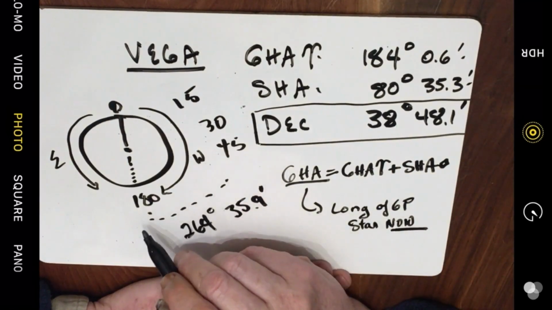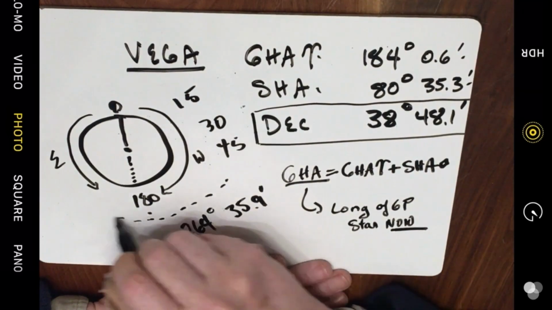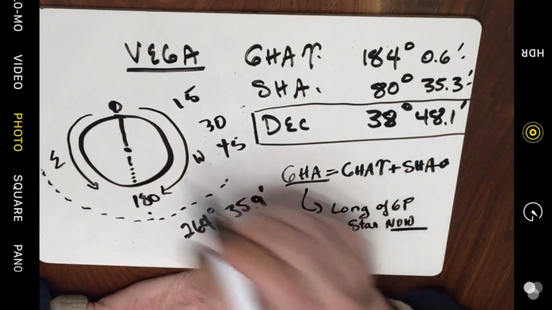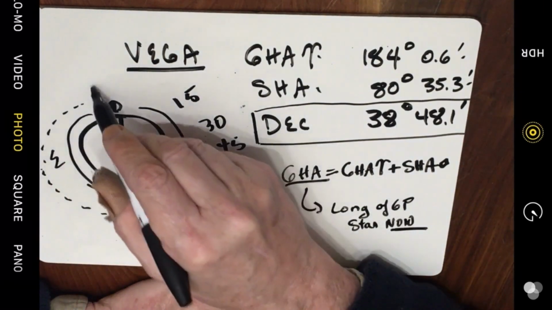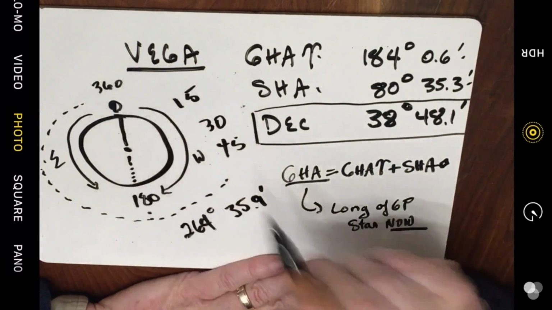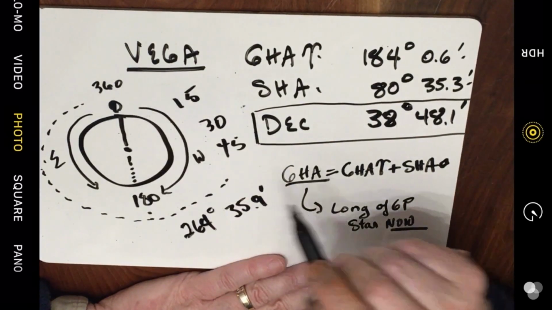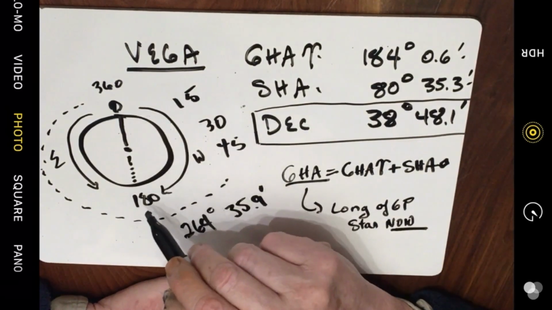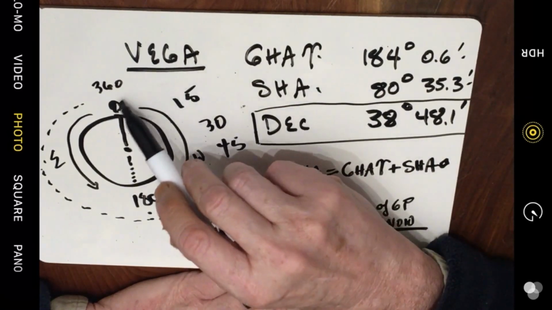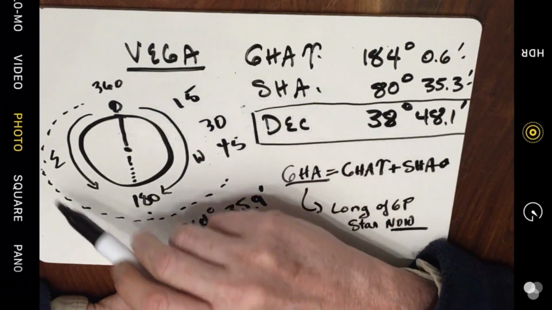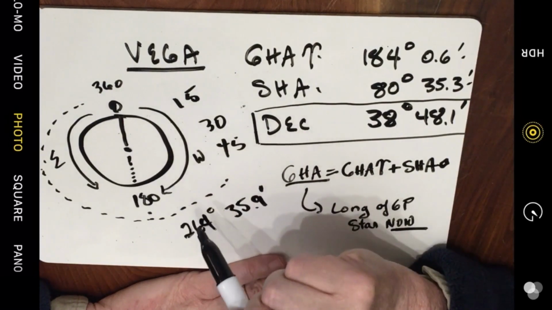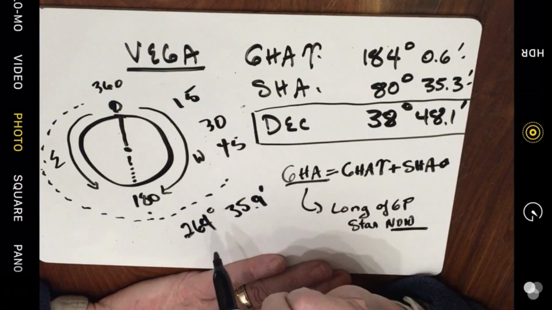Then you continue to work your way around until you get back to 360 and 0 again. So there's no split like this, east and west. It's going westward from Greenwich, 360 degrees throughout the entire rotational period of the Earth.